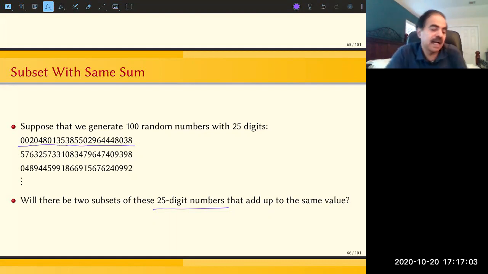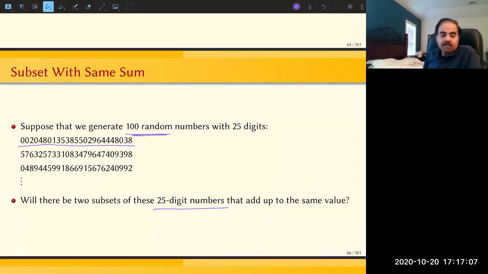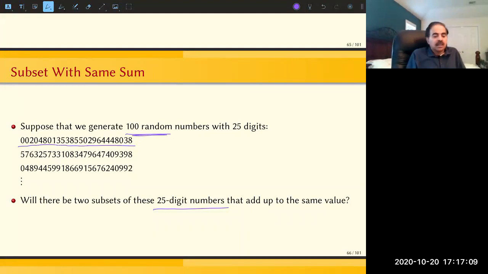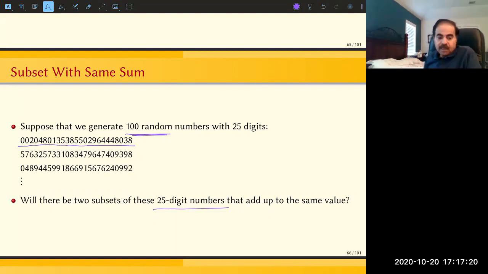So we have 100 random numbers. We are going to take subsets of these 100 random numbers and see if there are two subsets that add up to the same value.